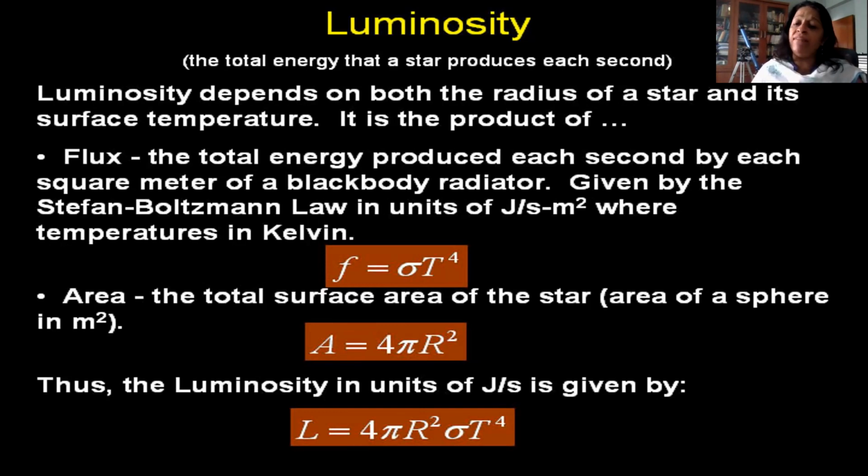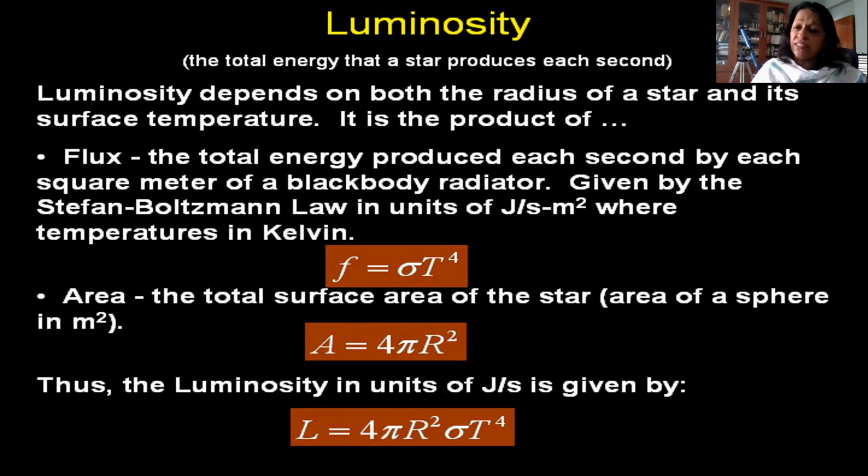In the sense that you could have an object which is cold, the temperature is small, but if the size is very large, then your luminosity could be very large. For example, this typically happens in stars called red giants. These have very large radii and the temperature is low. These are cold stars, but because the radius is so large, the star becomes very, very bright.